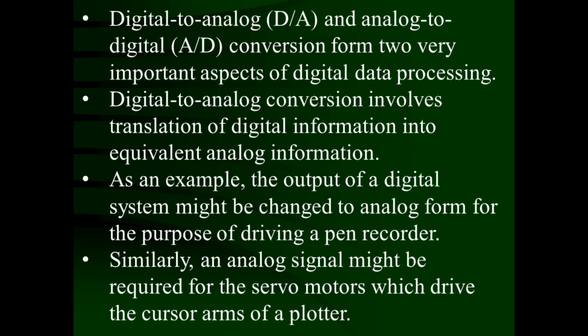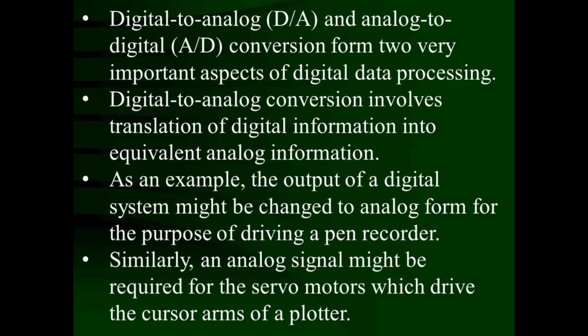As an example, the output of a digital system might be changed to analog form for the purpose of driving a pen recorder, which draws a graph depending upon the analog output voltage corresponding to the digital signal.